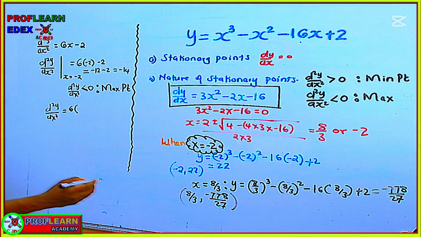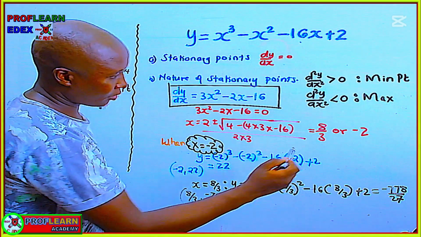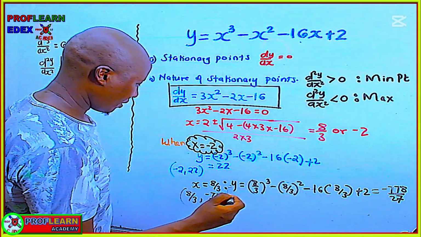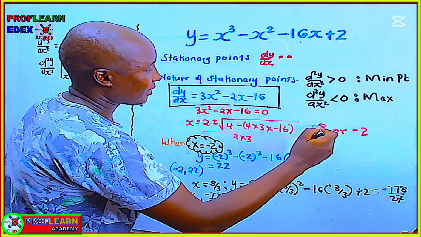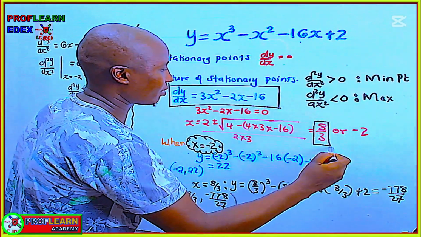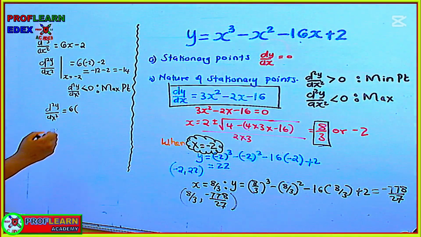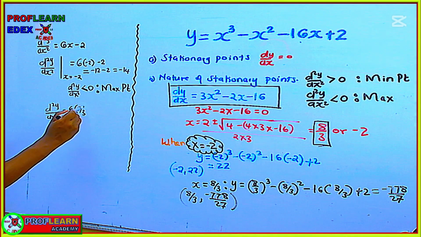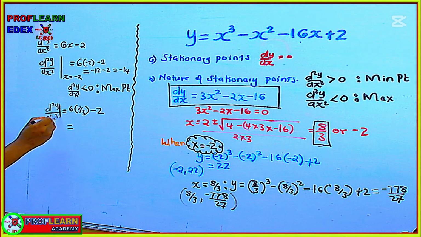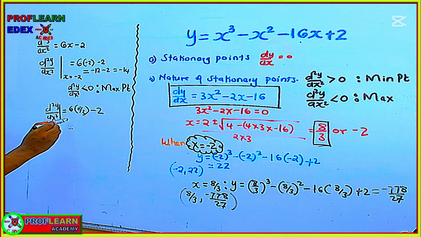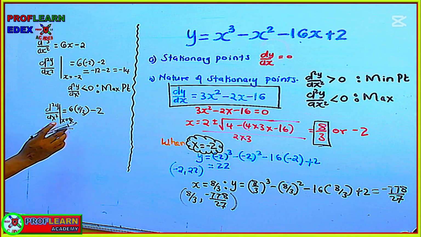Also, d squared y over dx squared is 6 into, now we are going to replace this value that we had gotten when x is 8/3. So this is going to be 6 times 8/3 minus 2, and we are evaluating this at the point x is equal to 8/3.